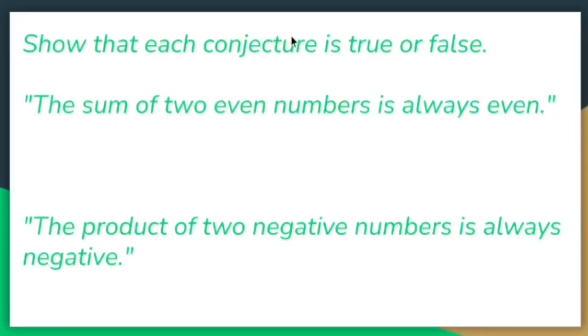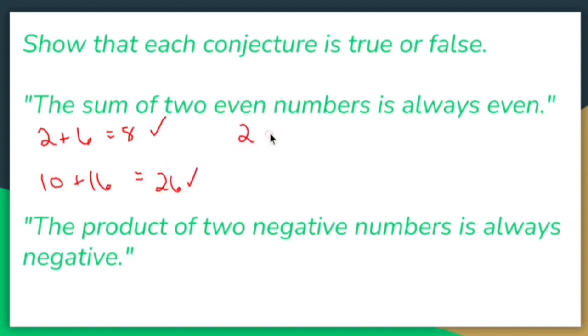Show that each conjecture is either true or false. So, all right, I've got two statements here, and I need to show if the statement is a correct statement or not a correct statement. The sum of two even numbers is always even. So let's try a few out. Two even numbers. 2 plus 6 is 8, even, check. 10 plus 16 equals 26, even, check.